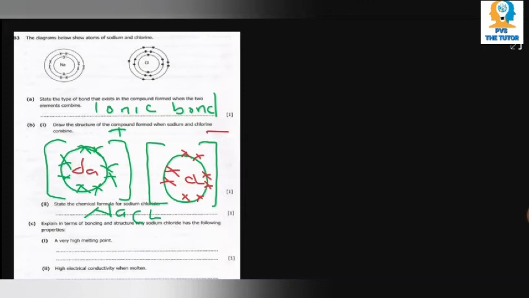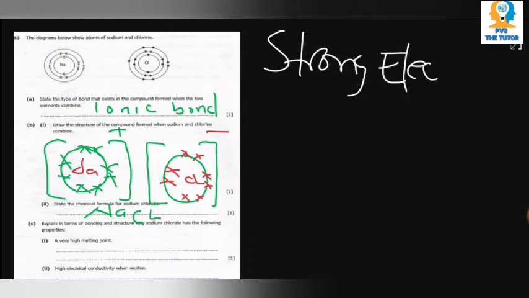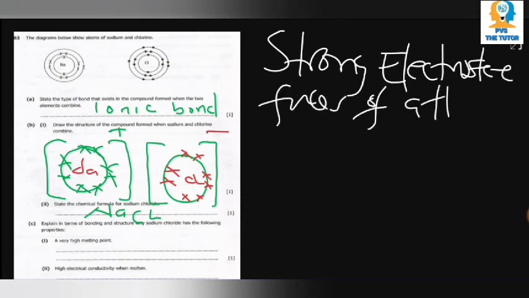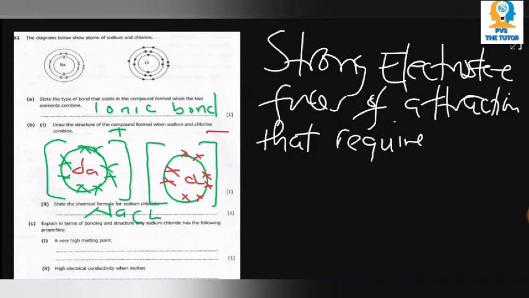Something has got a high melting point when there are strong forces of attraction holding the two atoms inside. So we are saying sodium chloride has got a very high melting point because of strong electrostatic forces of attraction that require more energy to break.